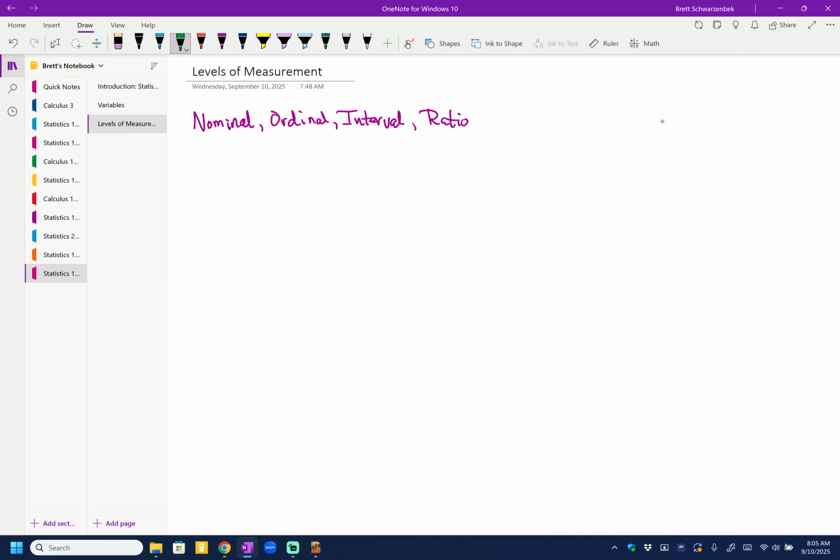So what exactly are these levels of measurement? Well, the first 2 levels of measurement, nominal and ordinal, are going to be qualitative data, and the last 2 are going to be quantitative data.